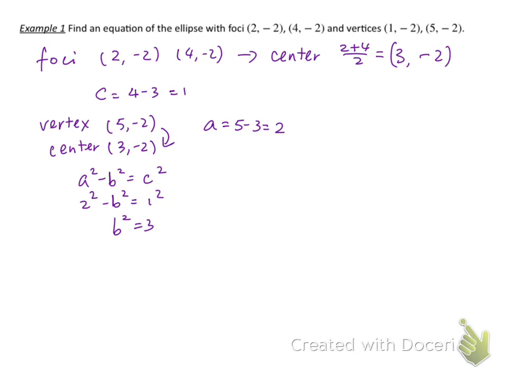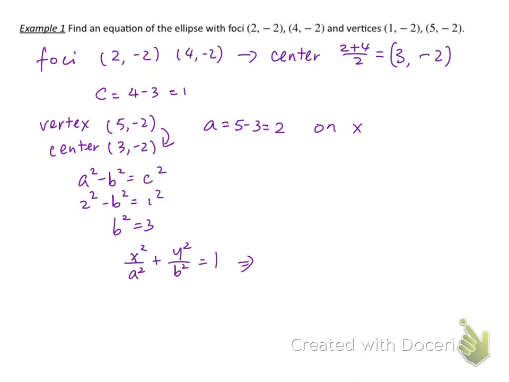And also we know that our vertex or the major axis happens on x. So without shifting, the graph will look like x squared over a squared plus y squared over b squared equals 1. Let me just do everything together.